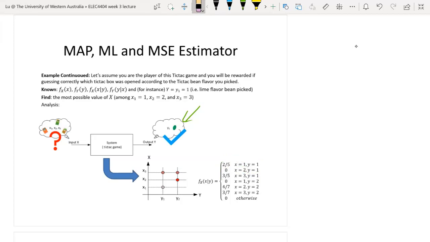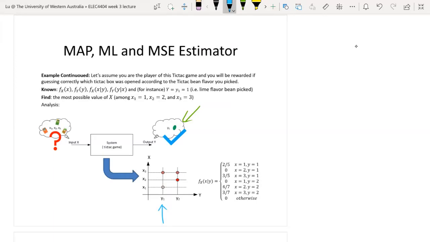But in this particular example, I said, I want you to estimate which one is the most likely box you picked when you observe that you got a lime flavor bin from the bag. Lime flavor bin means the capital Y random variable equal to y1. So that means we just need to focus on this case. We don't need to worry about the orange flavor bin, right?